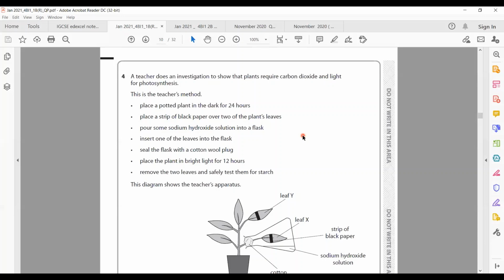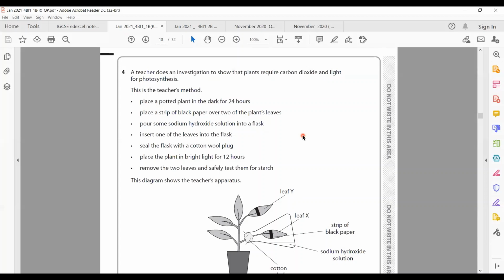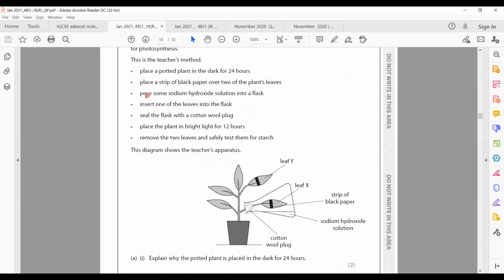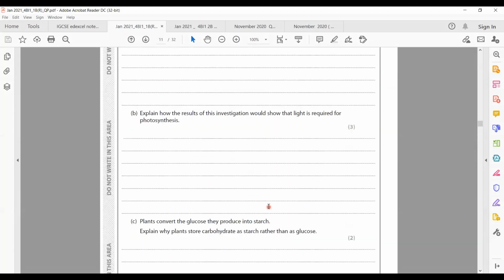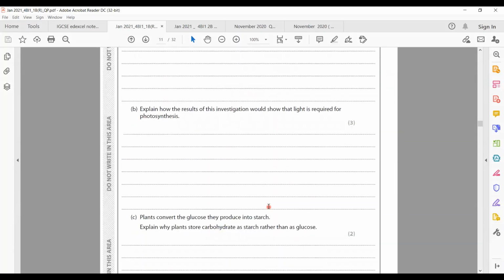For example, the iodine results, what color will the iodine solution be and turn? No, be careful. Look at what she did: she placed a strip of black paper over two of the plant leaves. So what will we find? In place of the black strip the area will be white because no photosynthesis has been made, while in the other parts the rest will be green because photosynthesis is made, which shows that light is needed for photosynthesis.